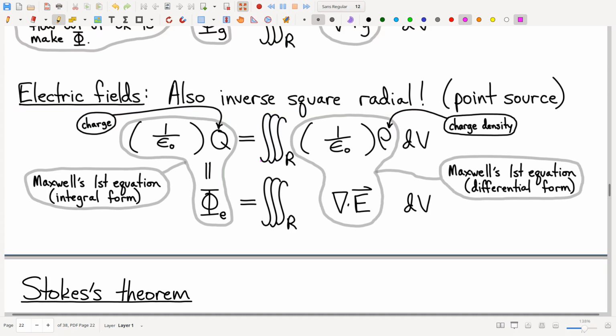And so, just like we did with gravitational fields, you can argue about how total charge is an integral of charge density. You can point out that charge is what creates these little flying particles, and these little flying particles are what makes flux. Yeah, there's a constant of proportionality involved. That's a plug-and-chug, tedious calculation.